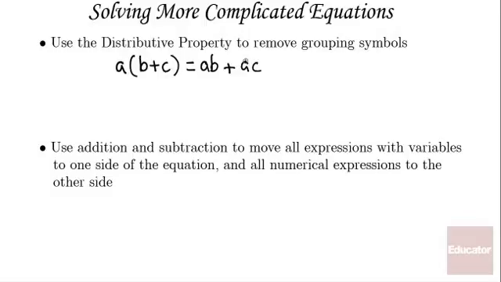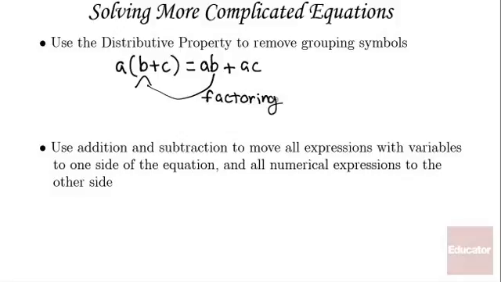When we move forward in that way, we're using the distributive property. You can also move the other way, go from AB plus AC back to A times (B plus C), and that's called factoring, which is something we'll be discussing later on in the course.